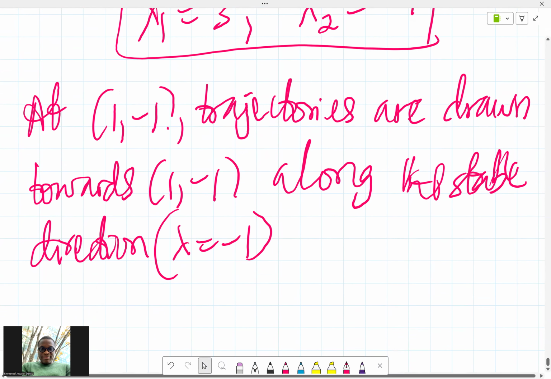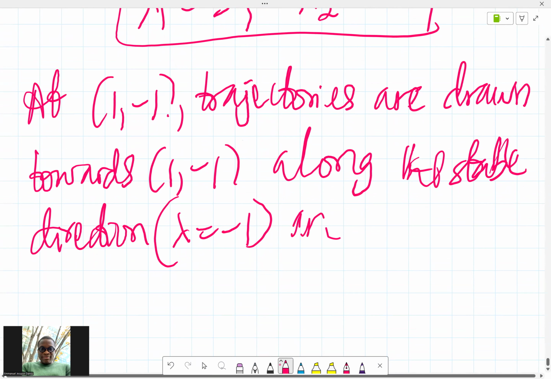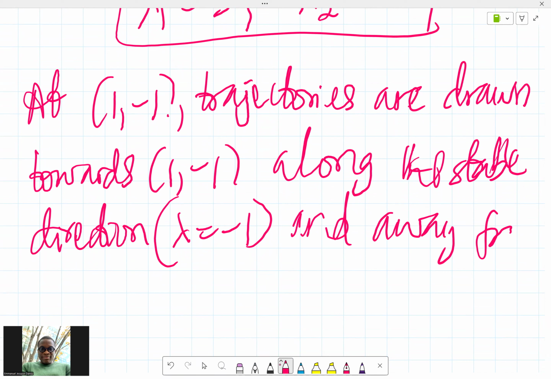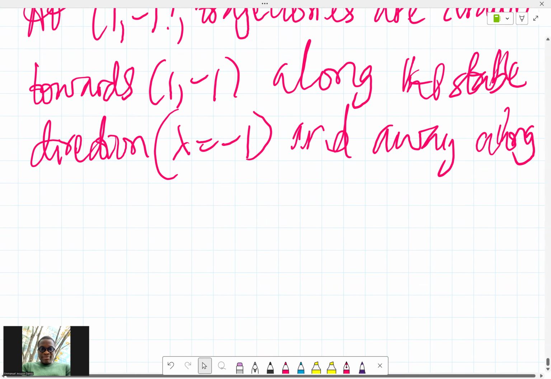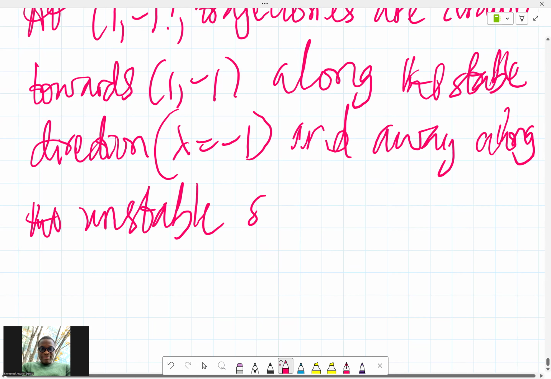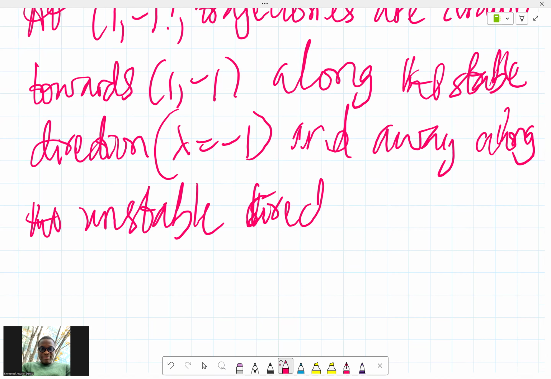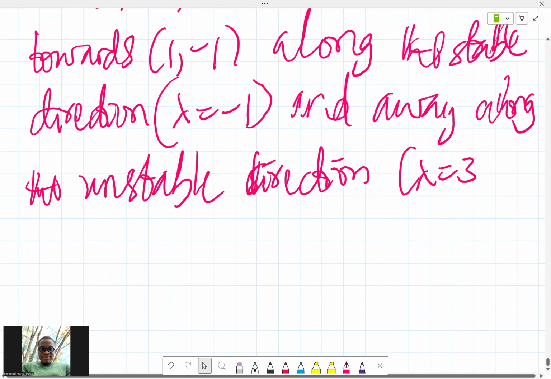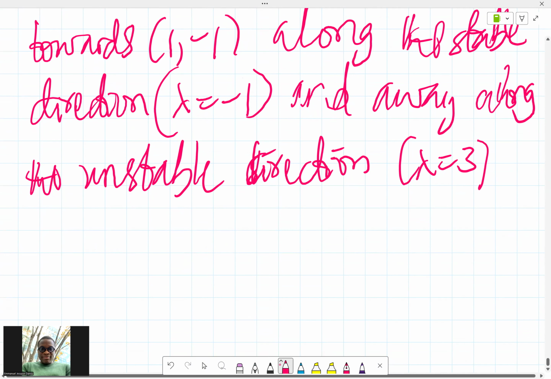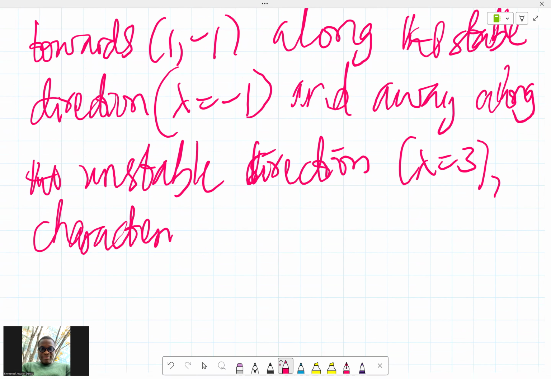And away, it is drawn away along the unstable direction. The unstable direction is where lambda is equal to 3, like we got up there. All right. This is characteristic of a saddle point.